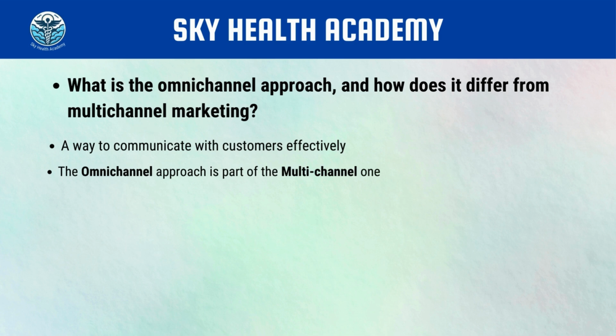In this context, an email can be a channel, a virtual meeting can be a channel, a face-to-face meeting is another channel, and social media has different types of channels. In multi-channel marketing, we use multiple of these channels, and also in the omnichannel approach, we use multiple channels. So what's the difference then?